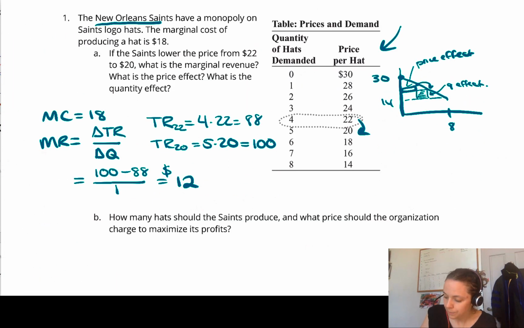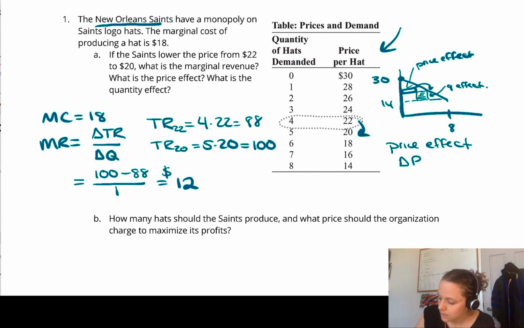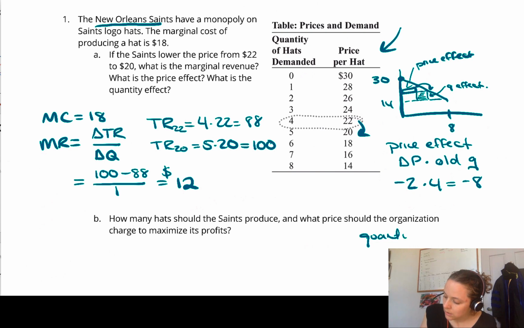So let's see how that plays out. So the price effect is going to be equal to the change in the price times the old quantity. Essentially what that means is that now we're going to lose $2 per hat on the old number of hats we sold, which is 4. Then the other is the quantity effect. This is the change in quantity at the new price, because that's what we're getting out of it.